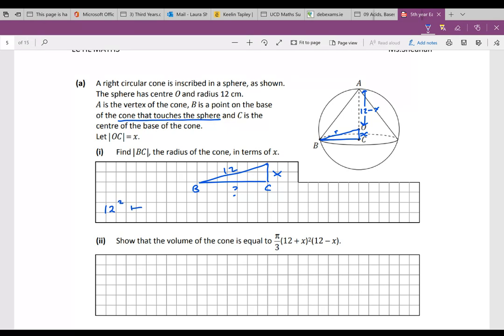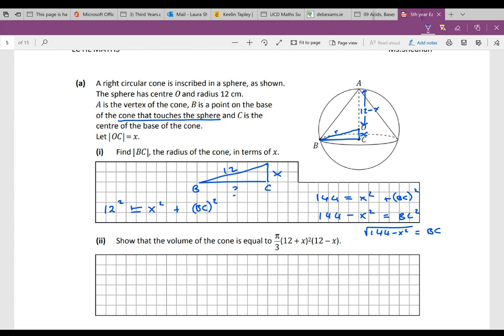So 12 squared is equal to X squared plus BC squared, which gives us 144 is equal to X squared plus BC squared, and 144 minus X squared is equal to BC squared. The square root of 144 minus X squared is equal to BC.